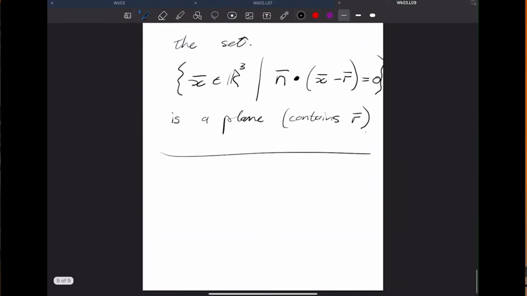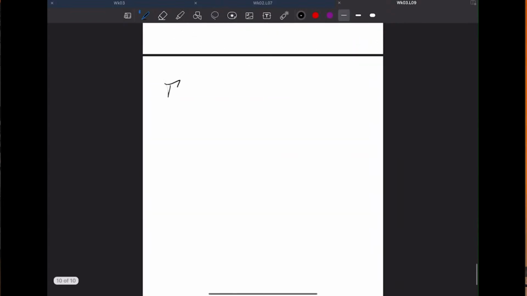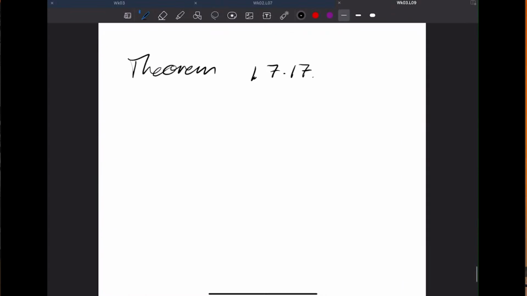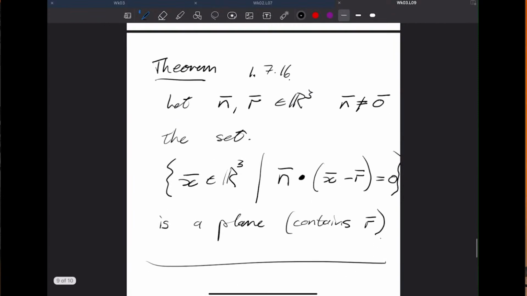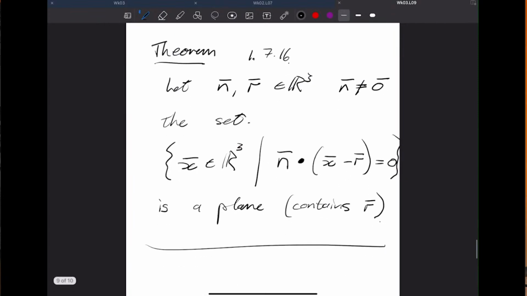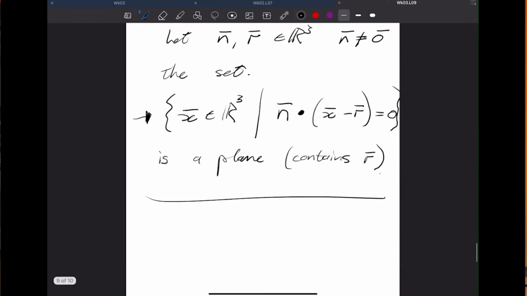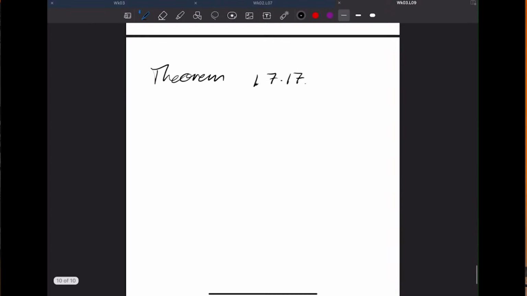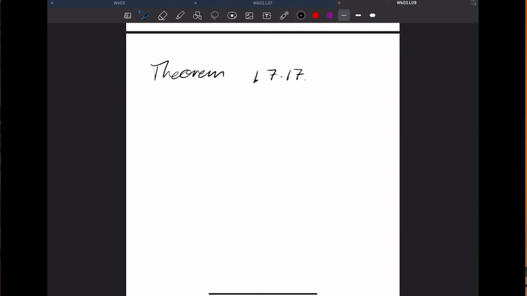So let's take a look at theorem 1.7.17. So the first question we should have, if we have a parametric equation for a plane, how can we describe the plane in this different form? So that is the topic of theorem 1.7.17.